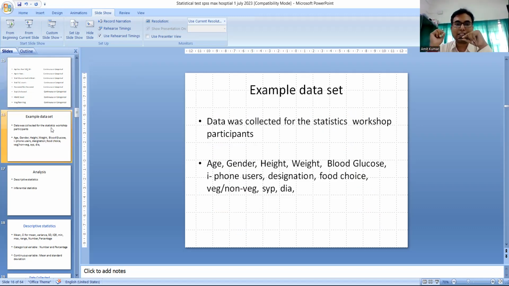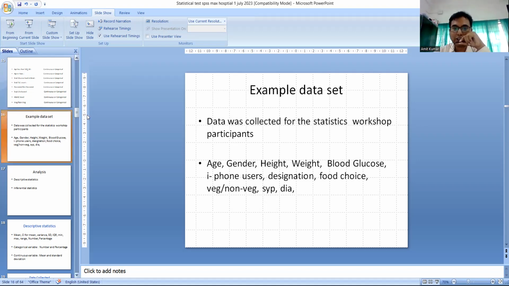So let us see, this is one example data set that I collected in a statistical workshop I conducted physically. I asked these questions of the workshop participants: what is your age, gender, height, weight, blood glucose level, whether you use an iPhone or not, and your designation. Designation had five categories: professor, associate professor, assistant professor, junior resident, senior resident, and other.